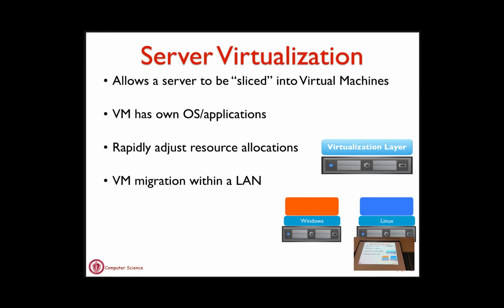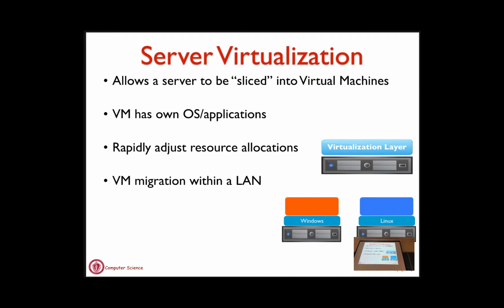It allows a server to be sliced into virtual machines. You basically can divide any server in any way that you want, in most cases with some sensible divisions. The virtual machine has its own operating system and applications running, so they are basically independent of everything else, except if you make them talk. You can rapidly adjust the resource allocations.